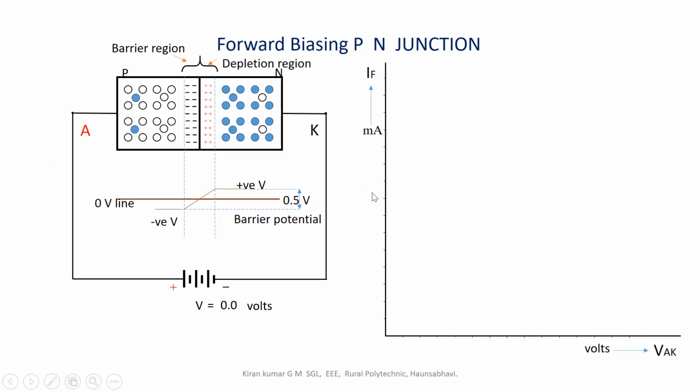When the current is flowing from anode to cathode through the diode, we call it the forward current.